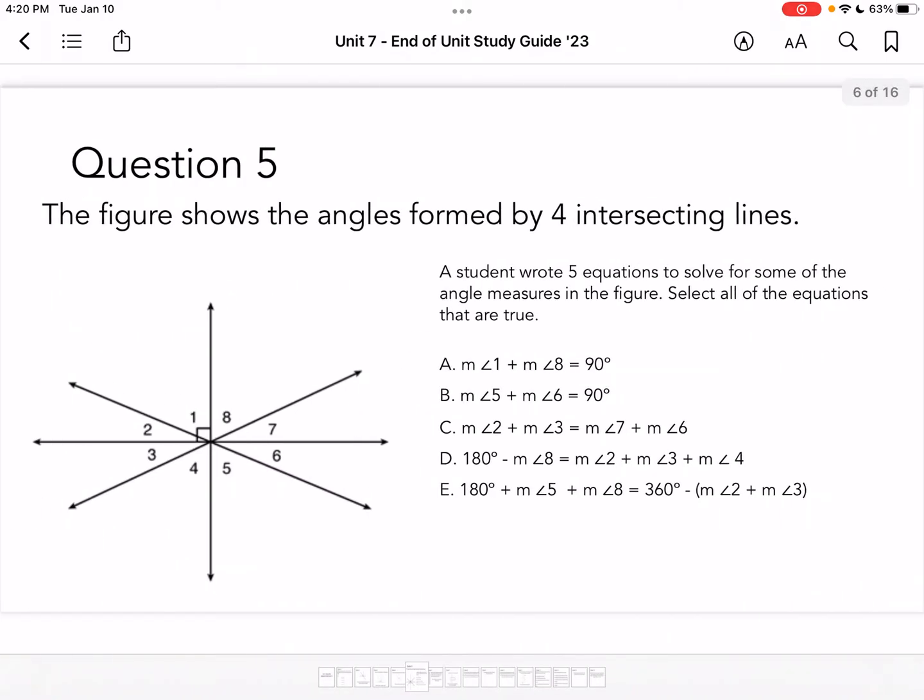All right, the figure shows the angles formed by 4 intersecting lines. A student wrote 5 equations to solve for some of the angle measures in the figure. Select all of the equations that are true.